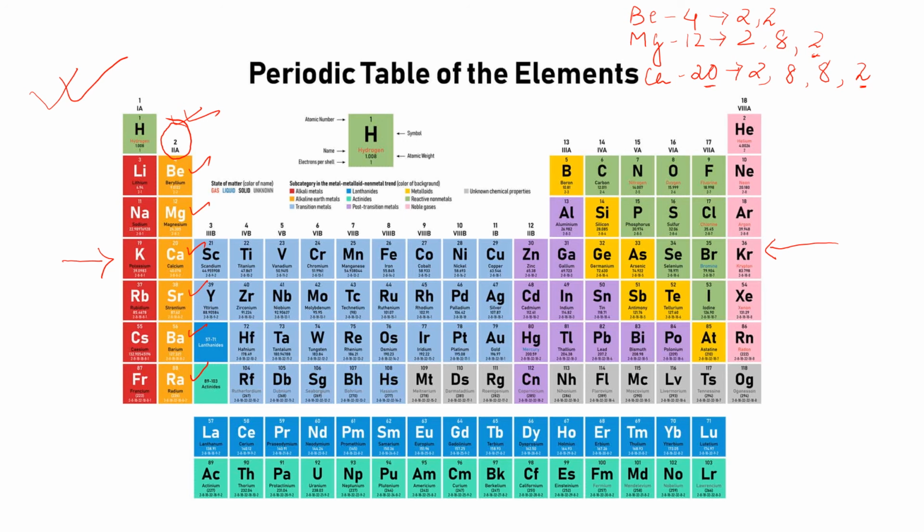The first, atomic number 1, hydrogen is here, helium is here, atomic number 2. Then lithium is 3, beryllium is 4, boron is 5, carbon is 6, nitrogen is 7, oxygen is 8, fluorine is 9 and neon is 10. Like that, the elements are arranged in increasing atomic number.